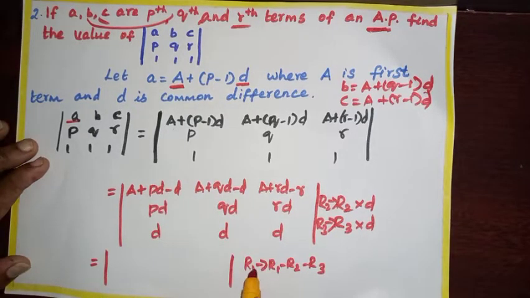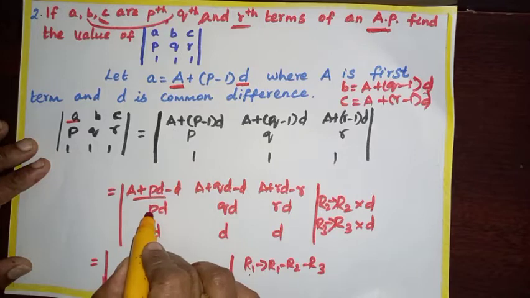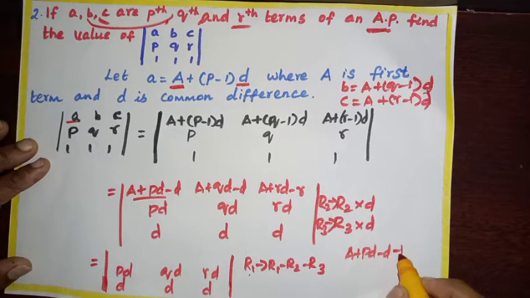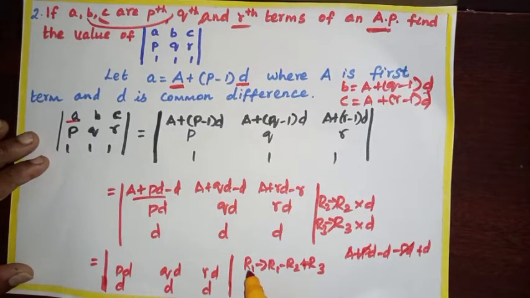Now what I am going to do, I am going to change R1 as R1 minus R2 plus R3. So write R2 as it is, PD, QD, RD. Third row also as it is, D, D, D. R1 is A plus PD minus D minus PD plus D. So minus D plus D will be cancelled.